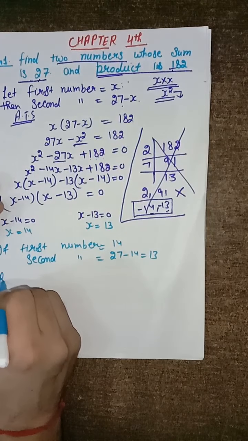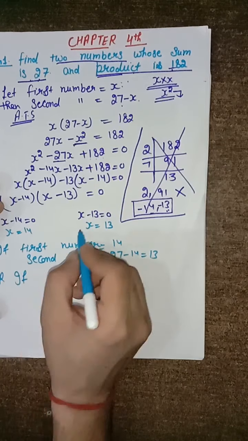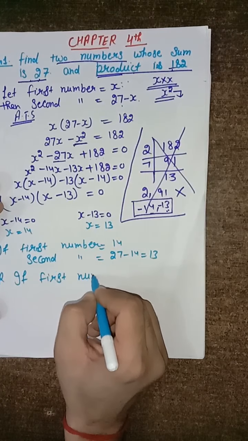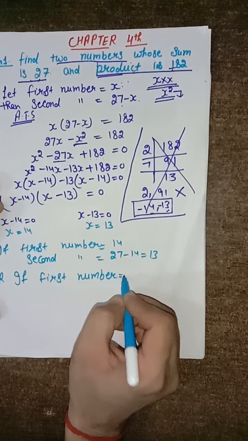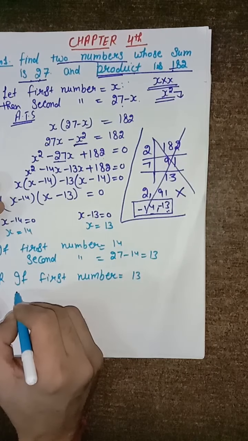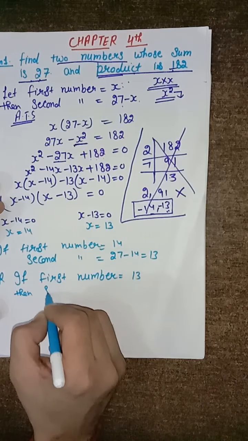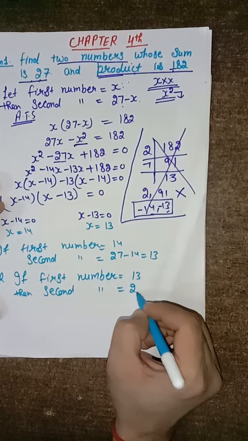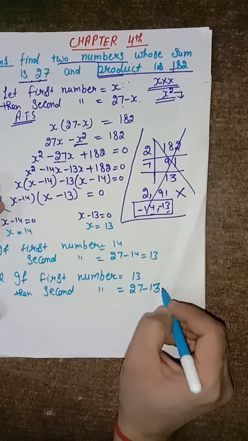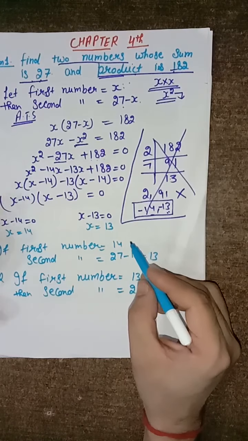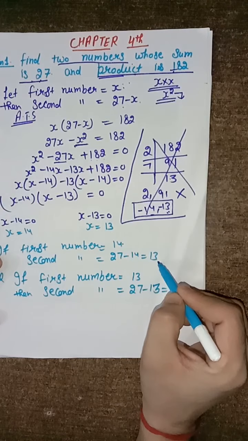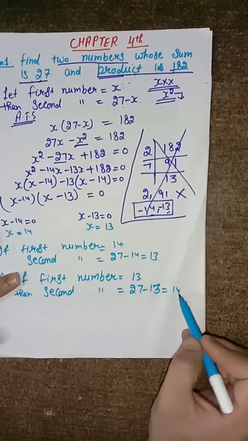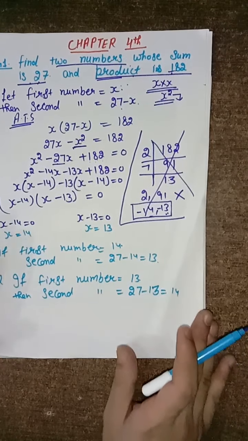Or if first number is 13, then second number will be 27 minus 13 equals 14. Means if first number will be 14, then second number will be 13, or if first number will be 13, then second number will be 14.